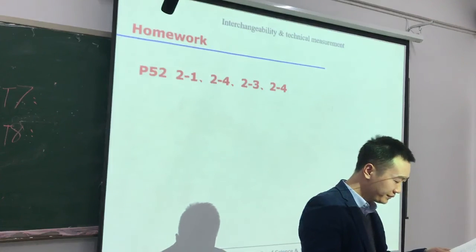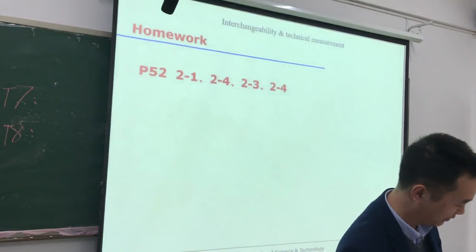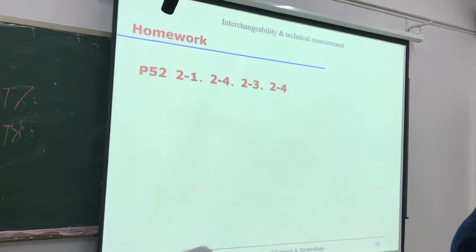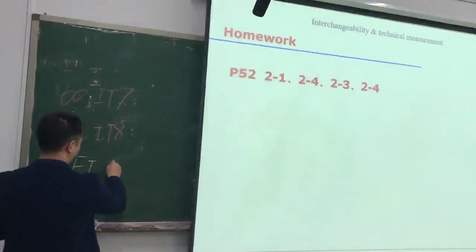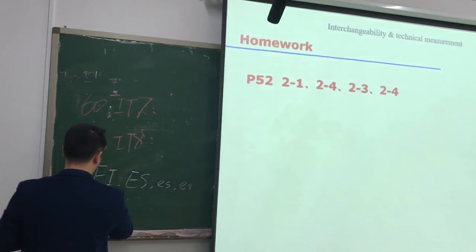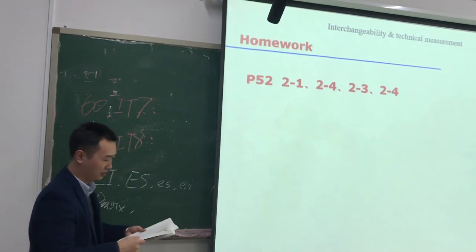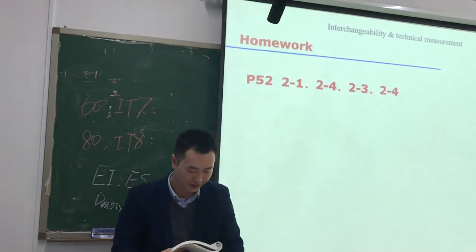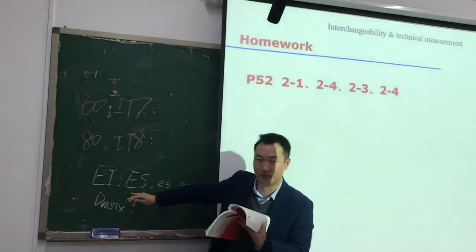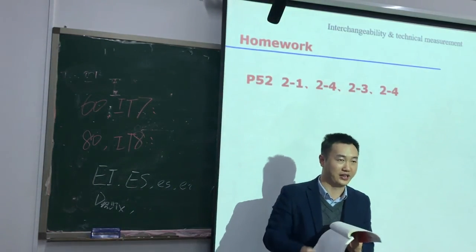Maybe you have some problems with the symbols in exercise 1. You can see the symbols. In fact, what is the symbol? ES and lowercase e, D max, and so on. In exercise 1, the symbols mean you have to fill these symbols into the blank space.